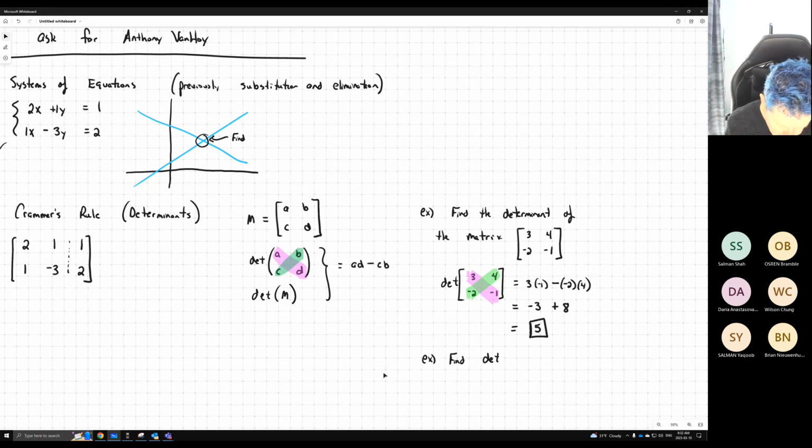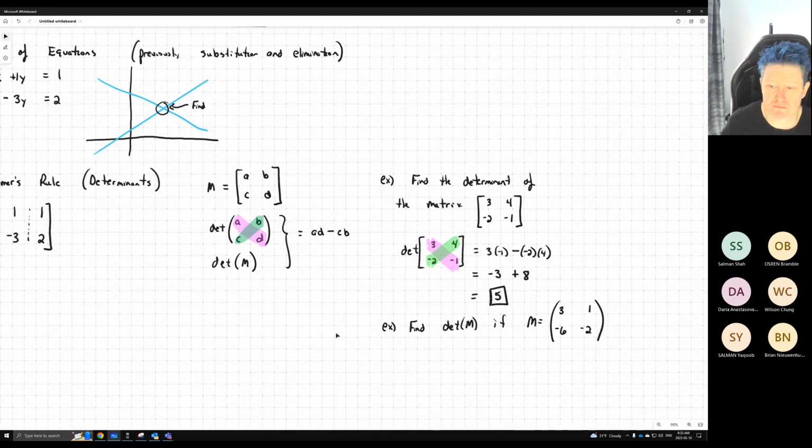Find DT of M if M is equal to 3, 1, -6, -2. So we want to find the determinant of this matrix. Okay, so again, we multiply down the primary diagonal.